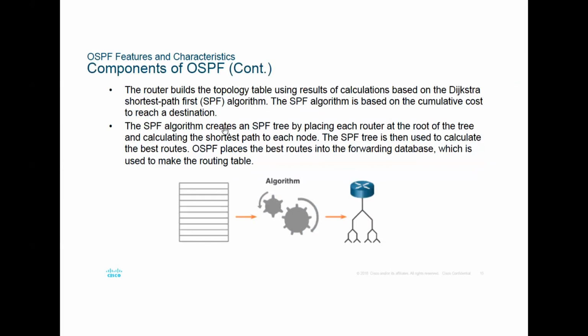The SPF algorithm creates an SPF tree by placing each router at the root of the tree and calculating the shortest path to each node. The SPF tree is then used to calculate the best routes. SPF places the best route into the forwarding database, which is used to make the routing tables. Okay, this is an example of the scenario.